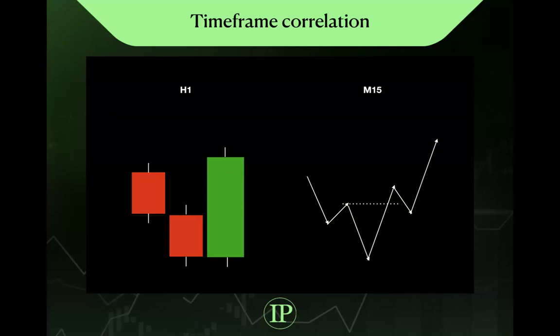But on the 15-minute, you will actually see the entire setup being played out, okay? So you will see a lower high being broken, so structure breaking on the 15-minute, creating a pullback and an extension, okay? This is showing us that even though the 1 hour only has 3 candles, on the 15-minute the entire setup played out.